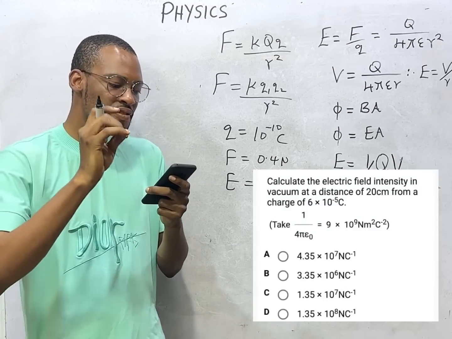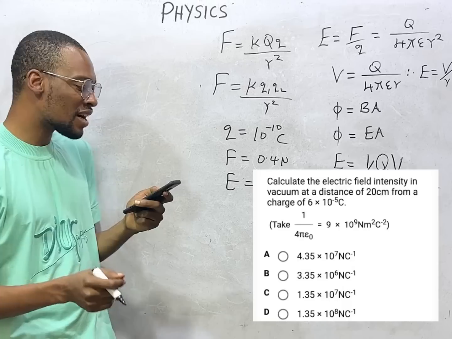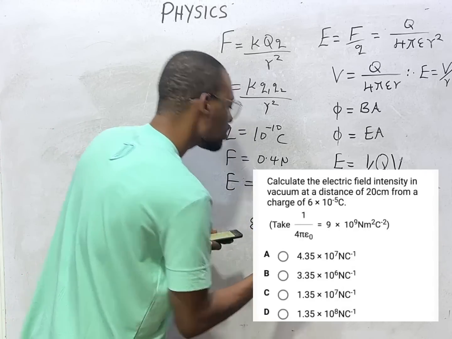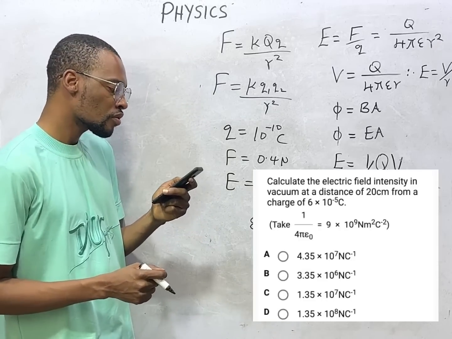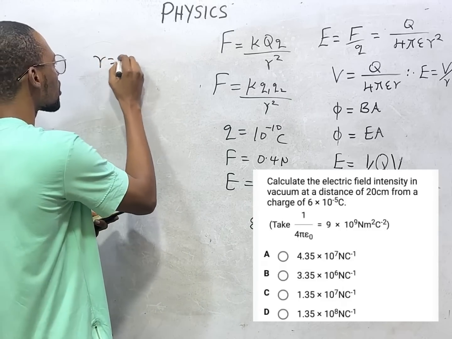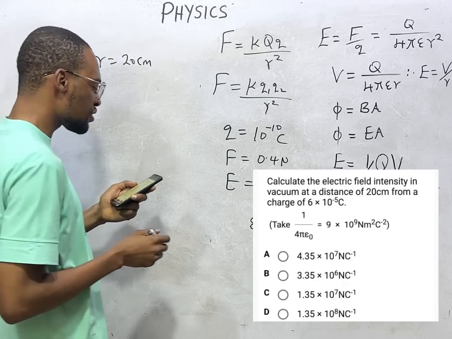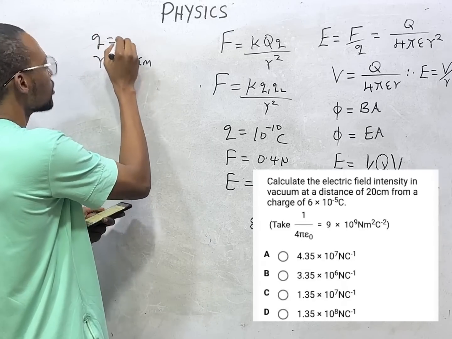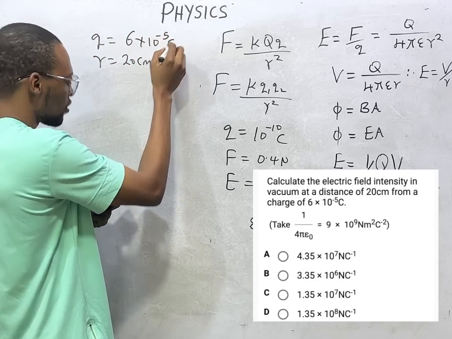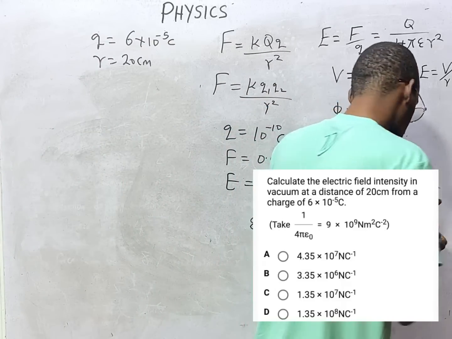Calculate the electric field intensity in vacuum. So when you hear vacuum, you know that the permittivity epsilon is equals epsilon naught, at a distance r equals 20 cm from a charge, so charge Q is equals 6 times 10 to the power of minus 5 coulomb. Calculate the electric field intensity.